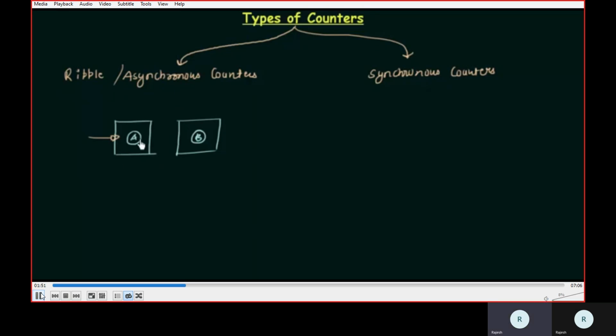As we discussed, for ripple or asynchronous counters, the output QA of one flip-flop is fed as clock to the next stage. If there is a bubble, it is negative edge triggered. Without bubble, it is positive edge triggered. And if the clock is the same for all the flip-flops, it is a synchronous counter.